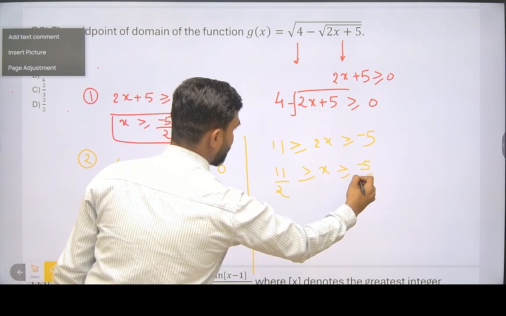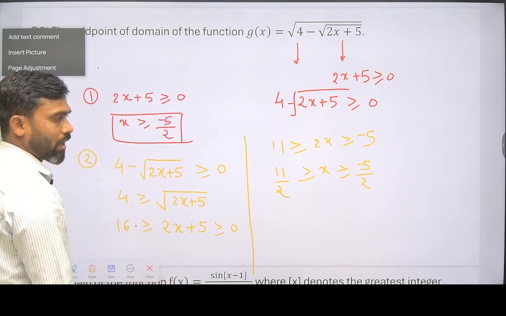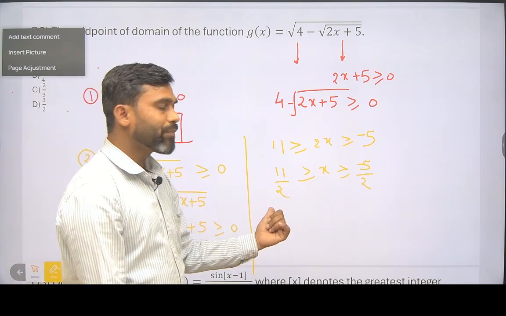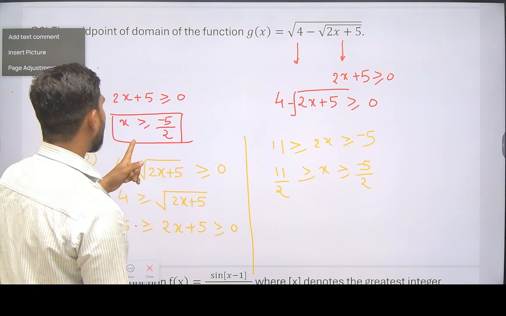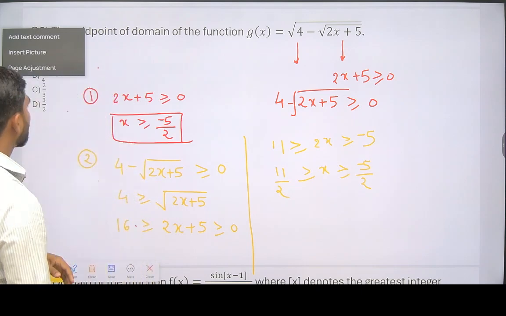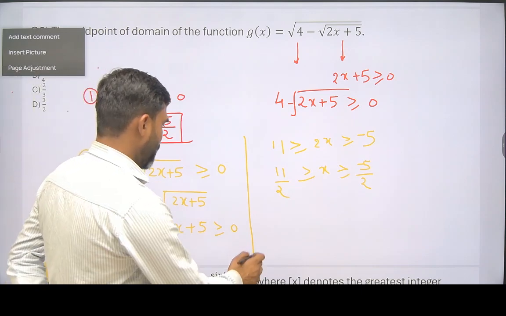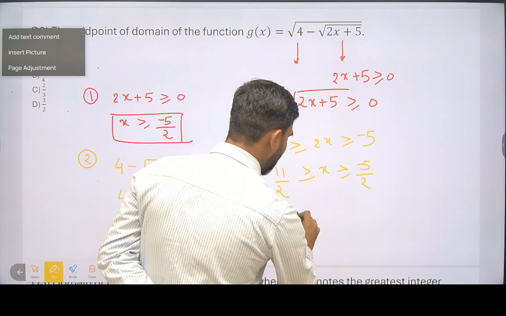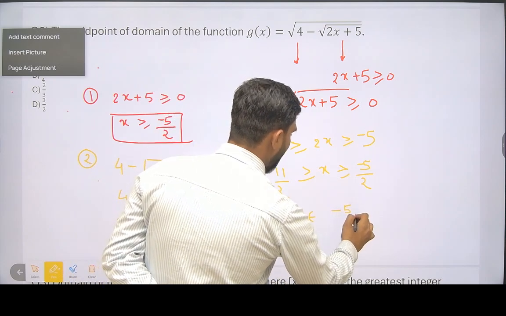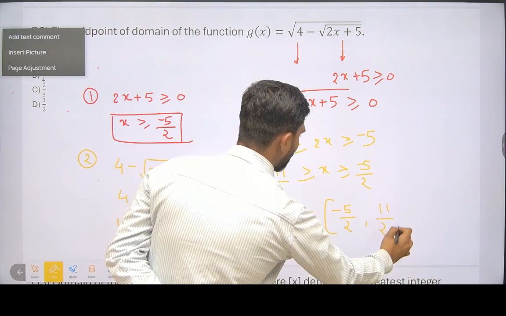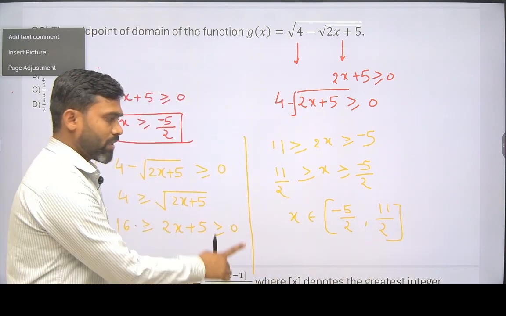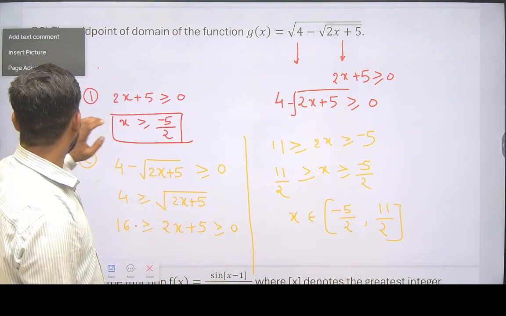So what can I say? It is lying between minus 5 by 2 and 11 by 2, and here it should be greater than or equal to minus 5 by 2, right? So the final answer should be x belongs to minus 5 by 2 closed to 11 by 2. But what are they asking?